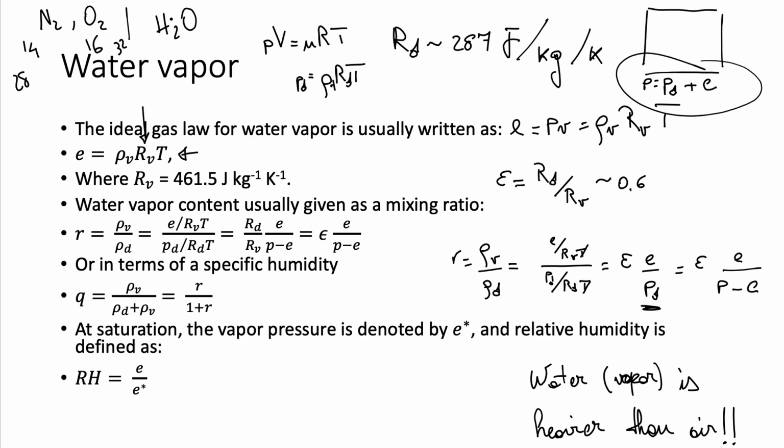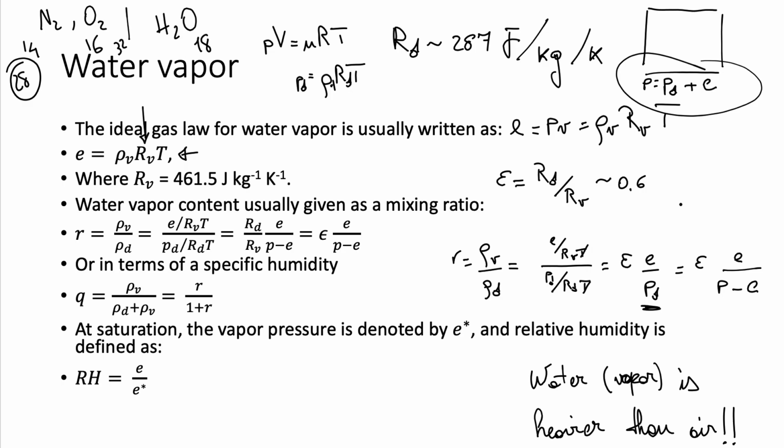The vast majority is nitrogen, so we can say that the molecular weight of air is 28. Molecular weight of water, 16 plus 2, is 18. So dry air is almost twice as heavy as water vapor. If you take 18 over 28, the ratio is about 0.6, which is also this 0.6, but I guarantee you that this is pure coincidence.